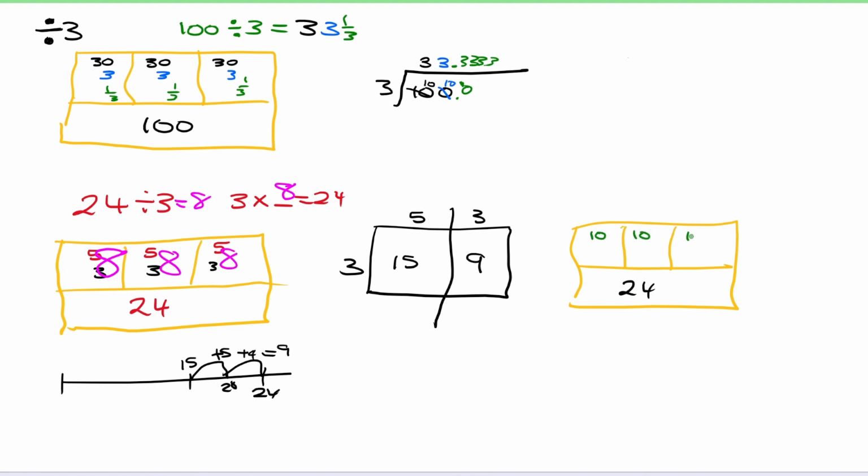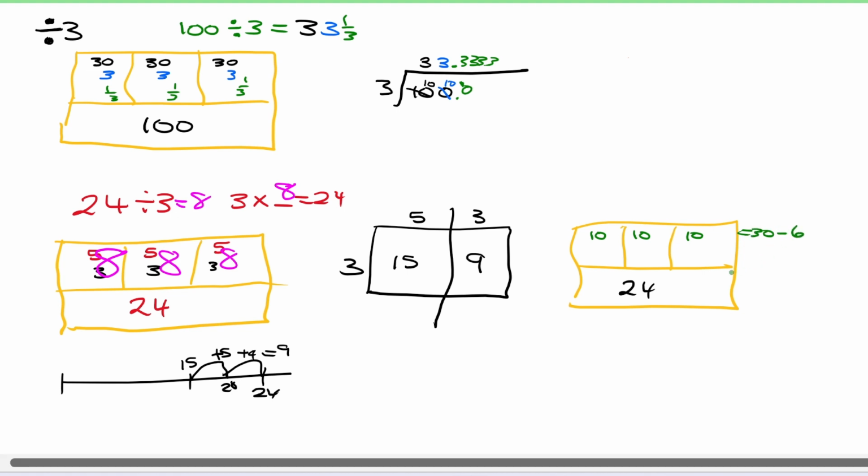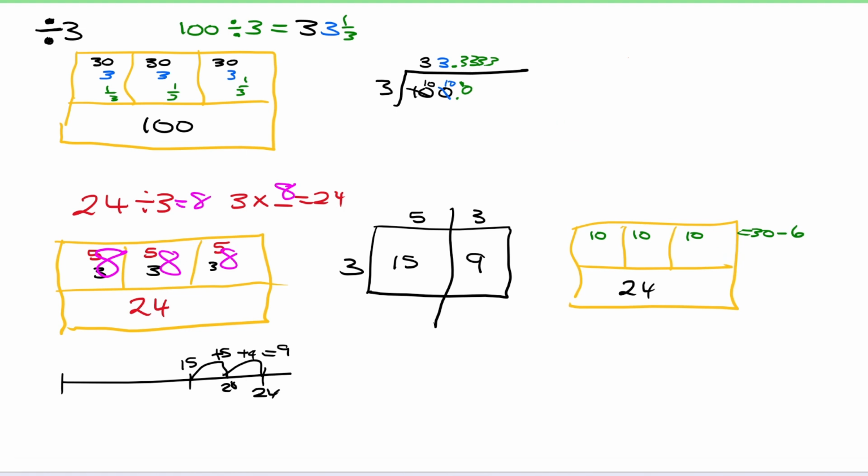So there I've got 30. So to get to 24, I know I need to take away 6. So if I'm going to take away 6, that means when I share that over those 3 groups, I've got to take away 2 from here, take away 2 from here, and take away 2 from here. 2, 4, 6. Which again, 10 take away 2 is 8.